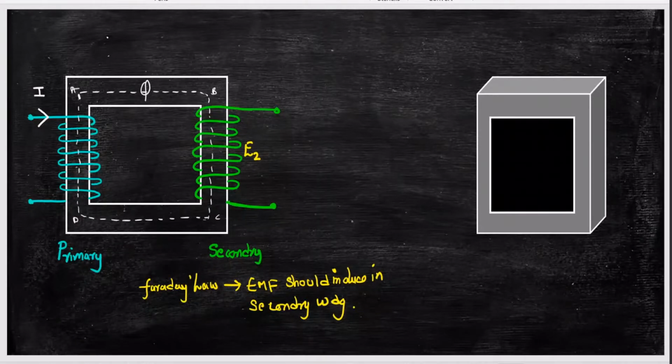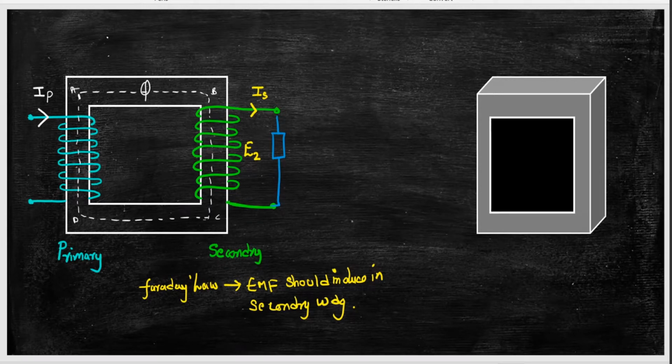IP is the primary current which you have sent into the primary side of the winding, and E2 is the EMF induced in the secondary side. Now let us take IS as the secondary current. If you connect a load across this, then the current IS will flow like this.